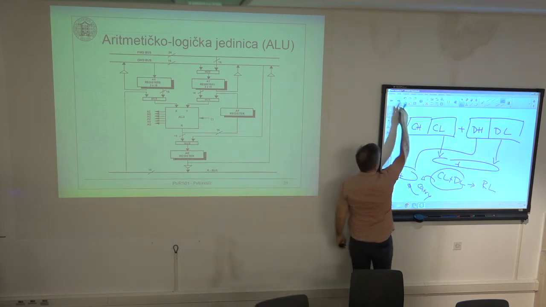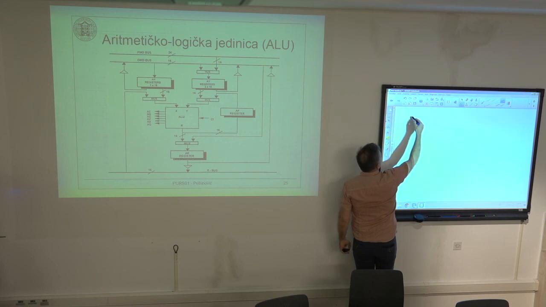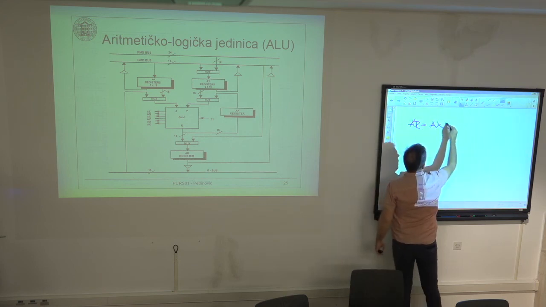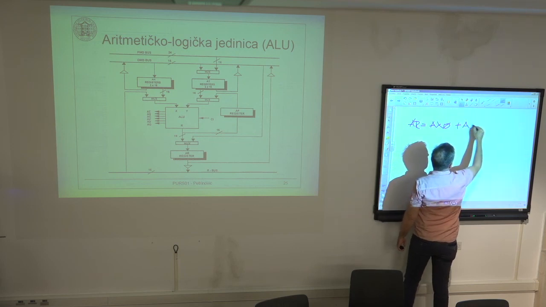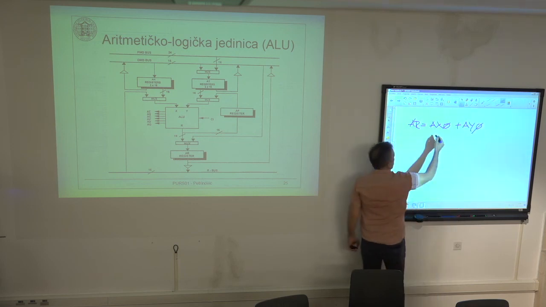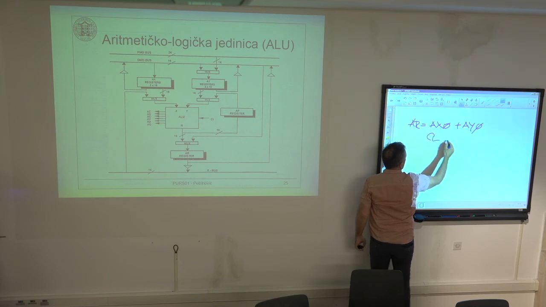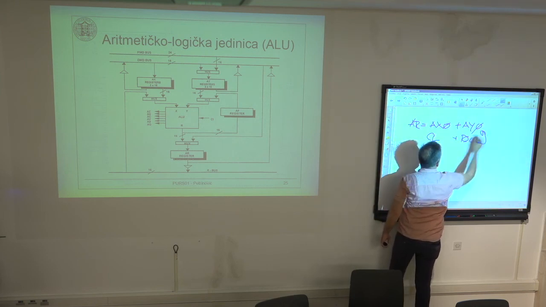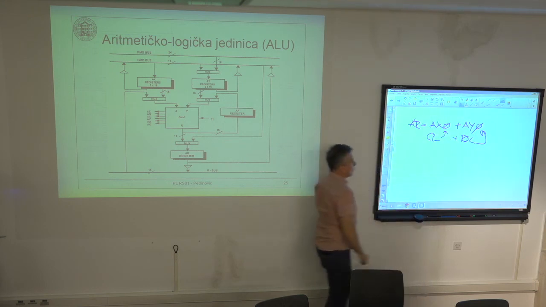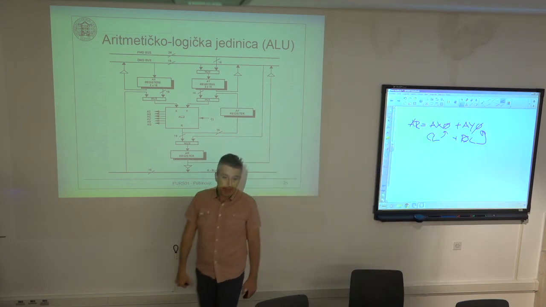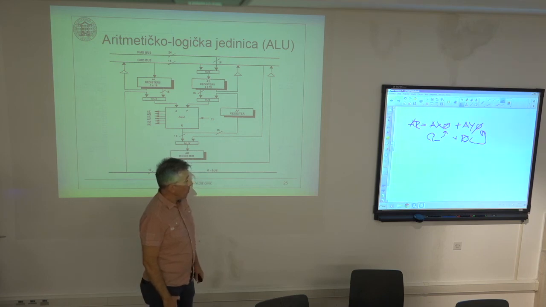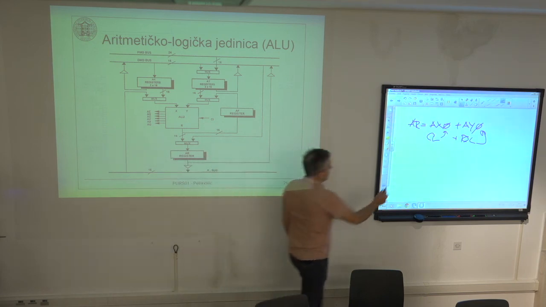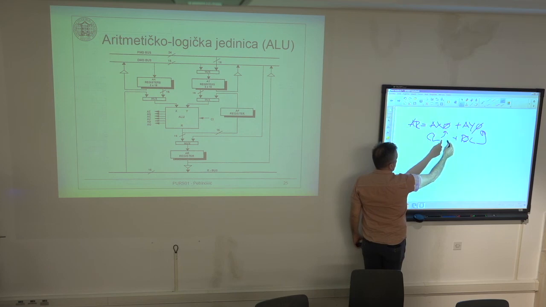So the instruction might look, for example, like AR is equal to AX0 plus AY0, that might be this C low plus D low. D low and C low were stored in AX0 and AY0. And as a result of this instruction, I have this carry generated.